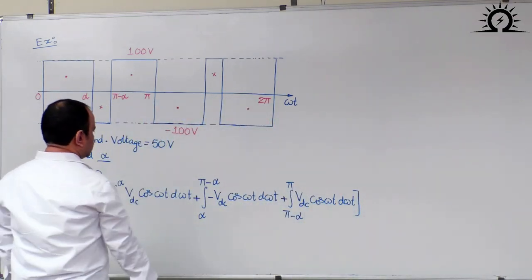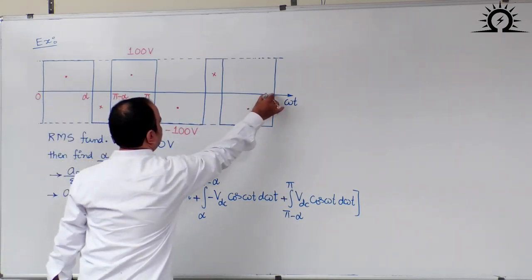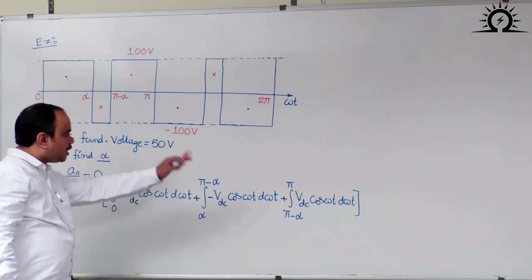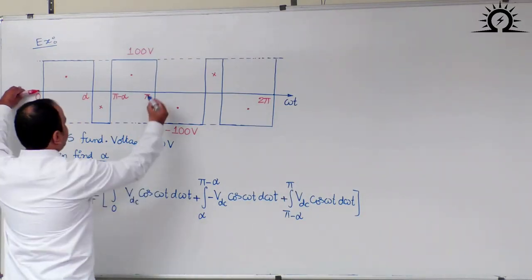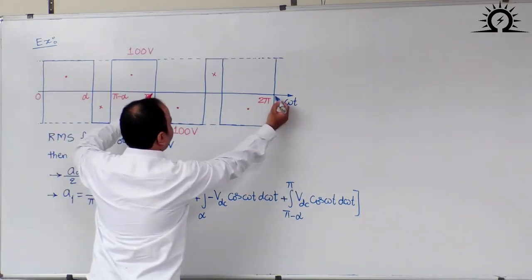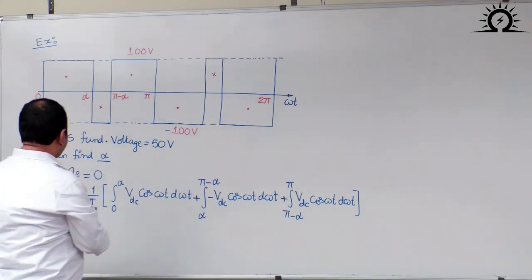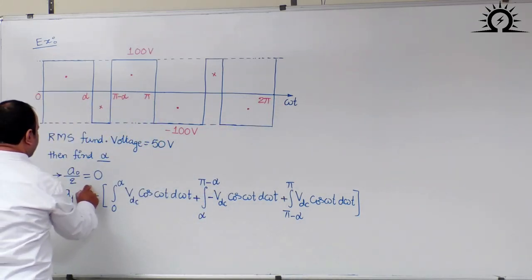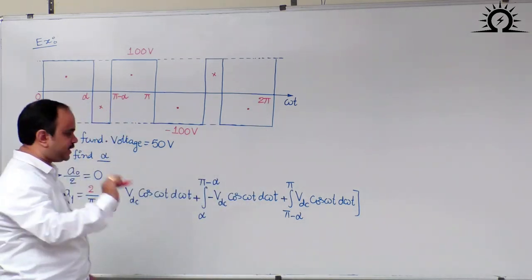Strictly speaking, we should write this integration up to 2 pi, but I stopped at pi. Why? Because whatever the waveform pattern is from 0 to pi, the same pattern is there from pi to 2 pi also. Therefore, I can multiply with 2 here based on the symmetry.